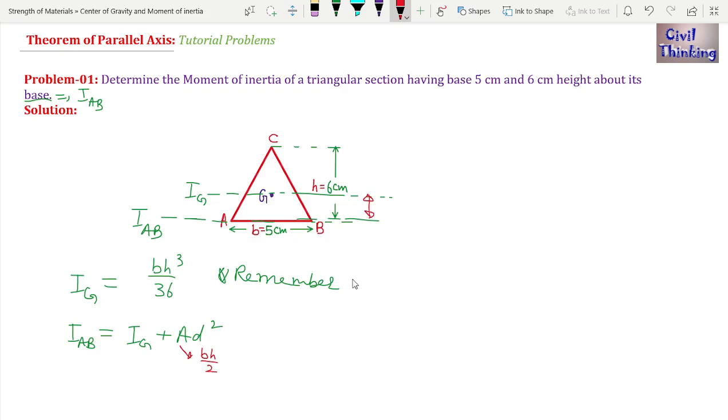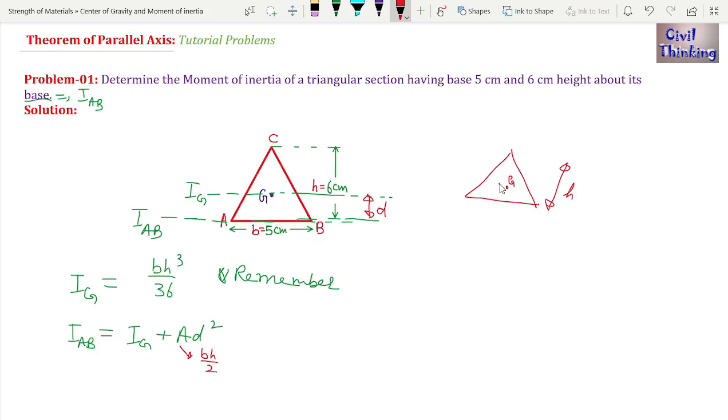We know the moment of inertia about this axis, and we want to find the moment of inertia about this axis, so I need this distance. Let the distance be D. Now in a triangle, if the total height is H, this is the center of gravity, suppose.